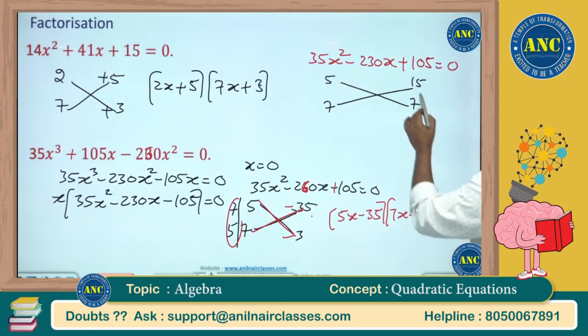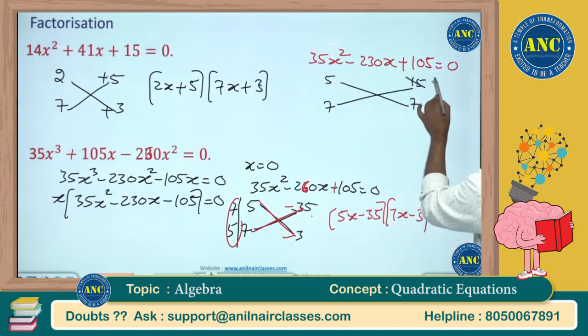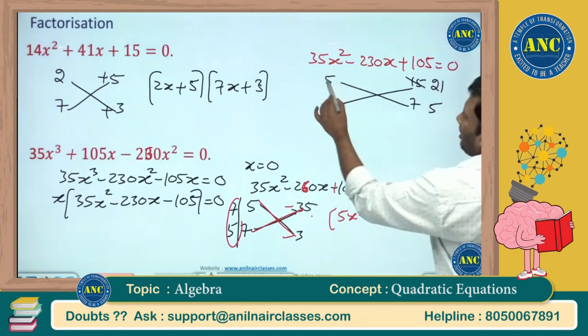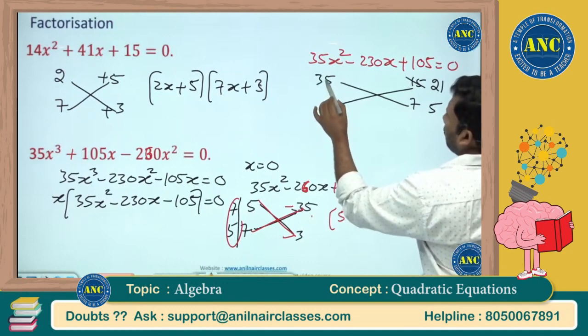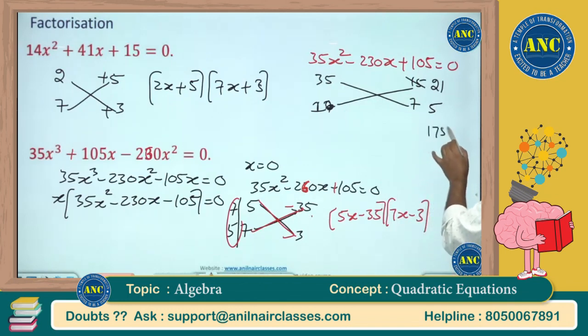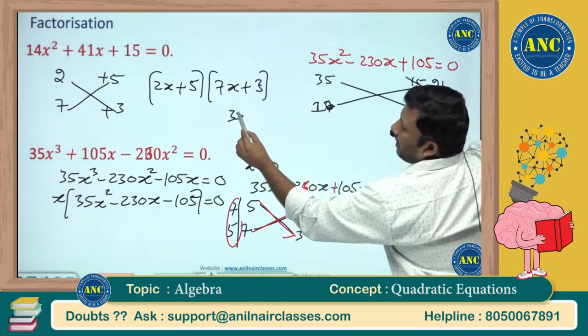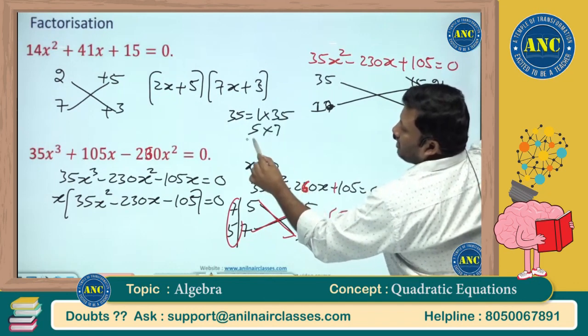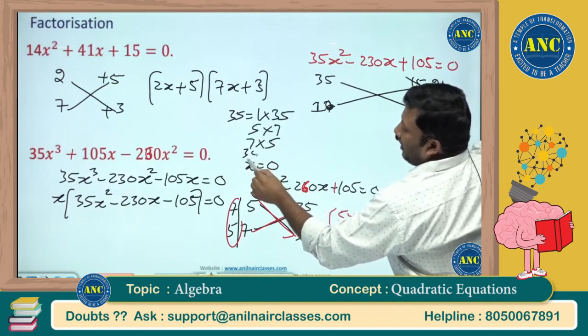Next one, it is 21 fives and 21 sevens, or it is 35 into 1 if I take. 35 fives are 175. 175 plus 21, which is 196. I require 230. 35 is 1 into 35, 5 into 7, 7 into 5, 35 into 1.